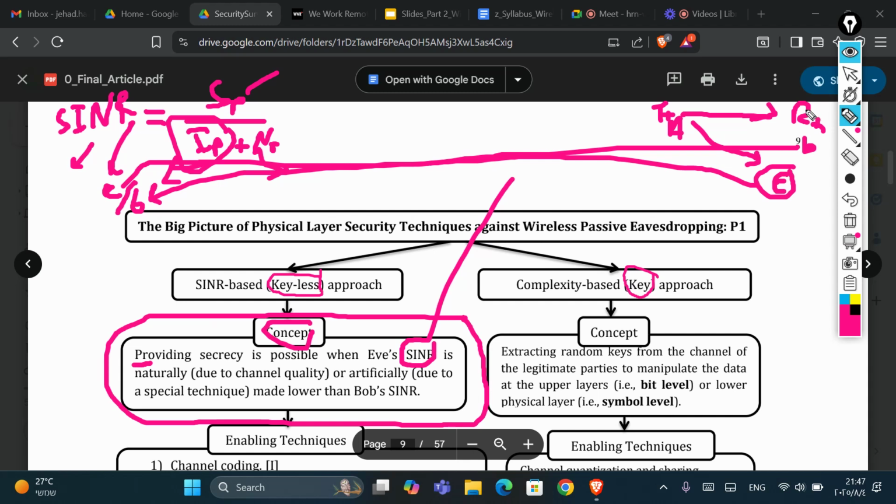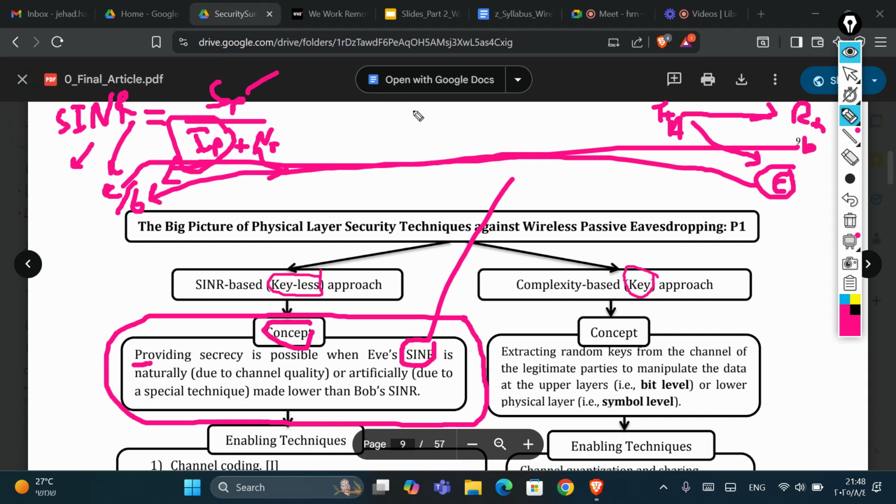The signal to interference noise ratio is a quantity that your device can measure, and we need to measure it at both Bob and Eve. To be able to provide physical layer security, the signal quality at Bob should be better than that at Eve. When Eve's SINR is naturally lower than Bob's SINR, we have security.